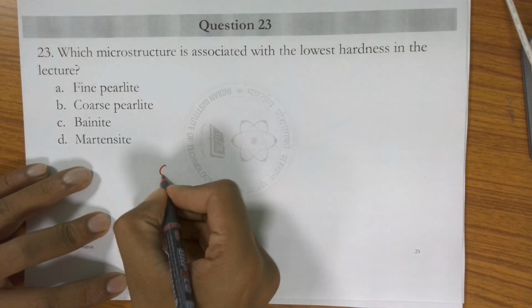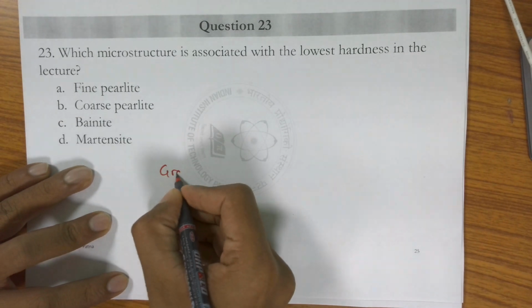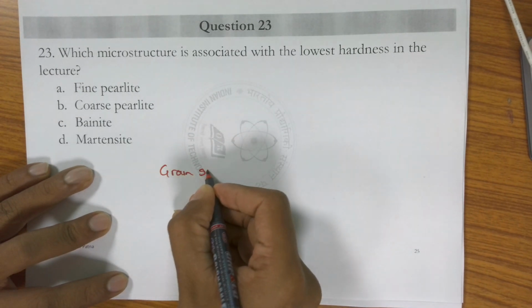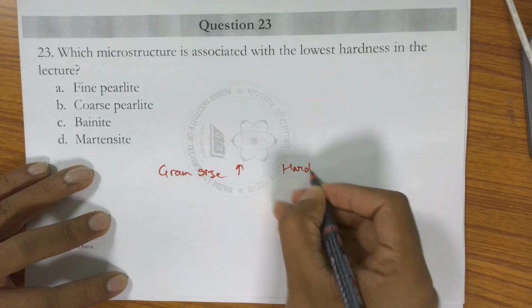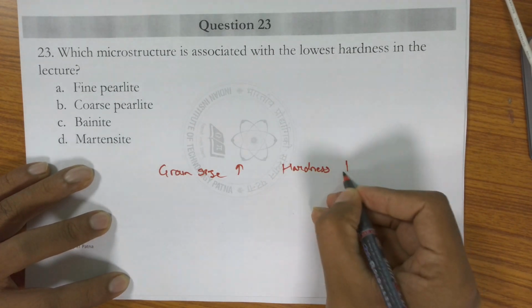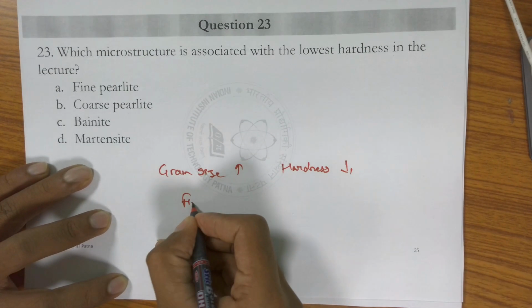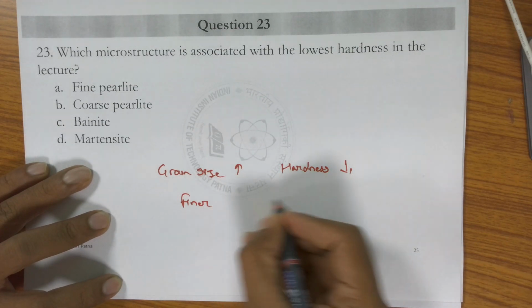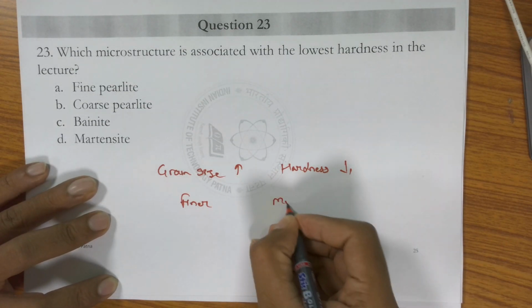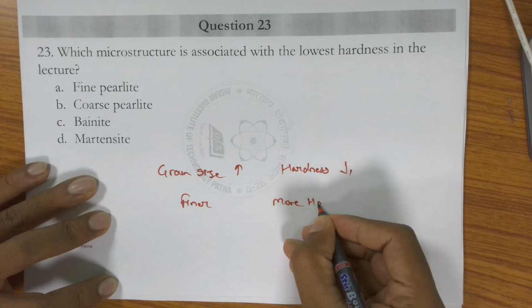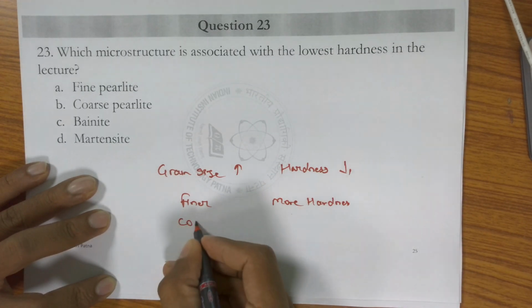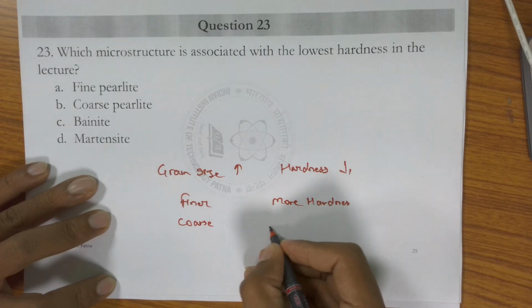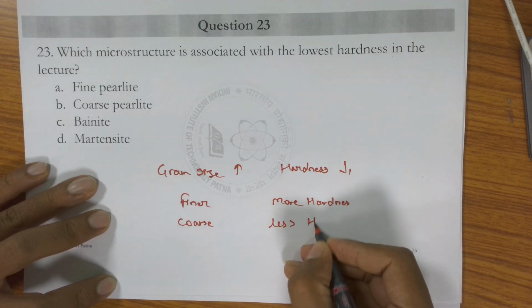As the grain size increases, the hardness value decreases. Fine grain size will have more hardness, while the coarser one will have low hardness.